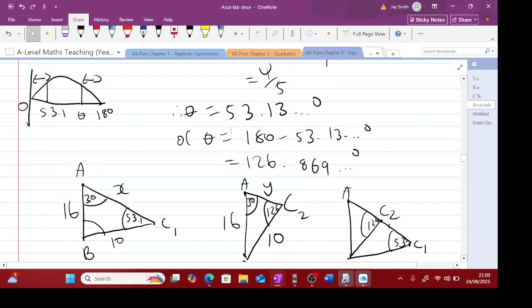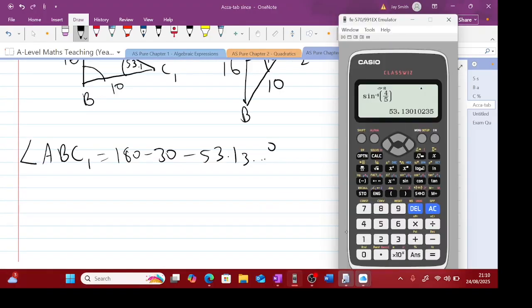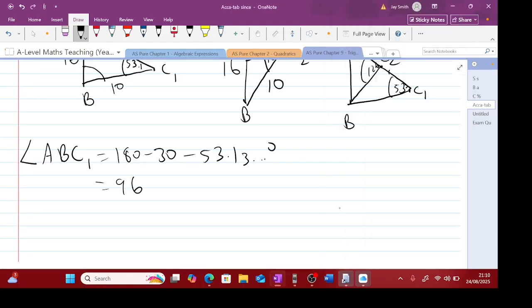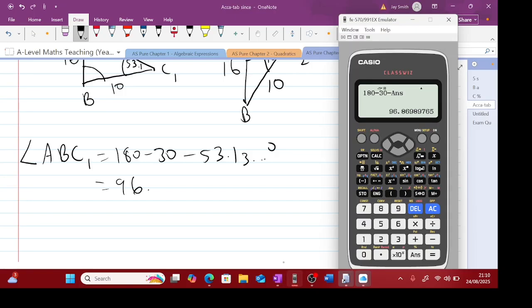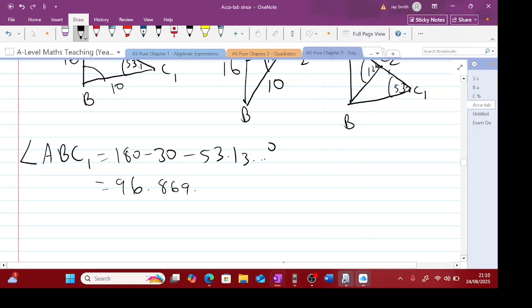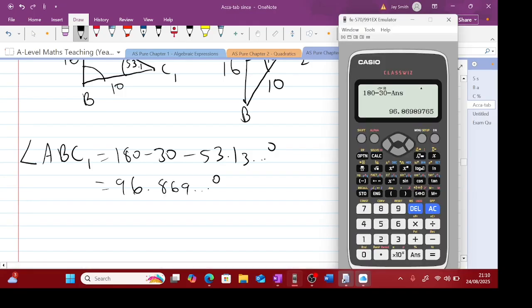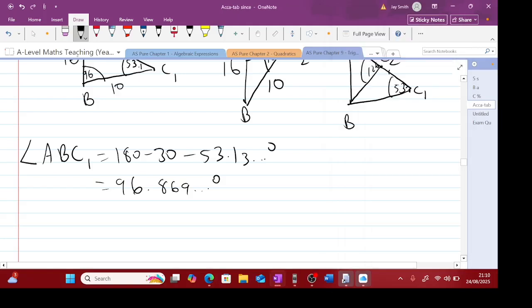So, this 53.13, 180, take away the 30, take away my angle here, I get 96.869. So then I can store that as answer A. Right, so that's 96 here.